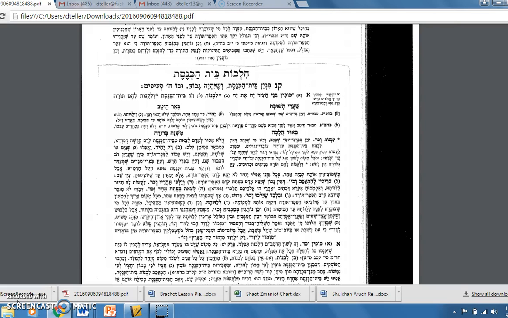Now, what's interesting to recognize is that while Rav Yosef Karo was compiling and putting together this incredible sefer, the Shulchan Aruch, meanwhile, in a slightly different area, you had a rabbi by the name of Rabbi Moshe Isserlis, otherwise known as the Ramah, Reish Mem Aleph, Rav Moshe Isserlis.